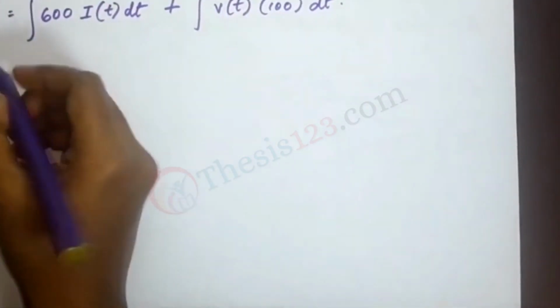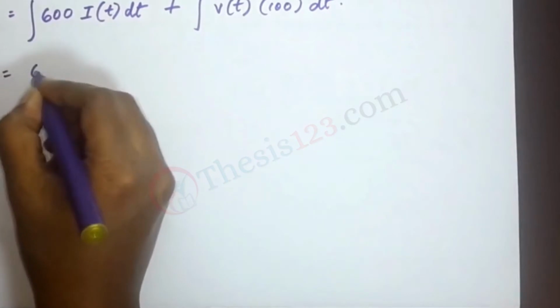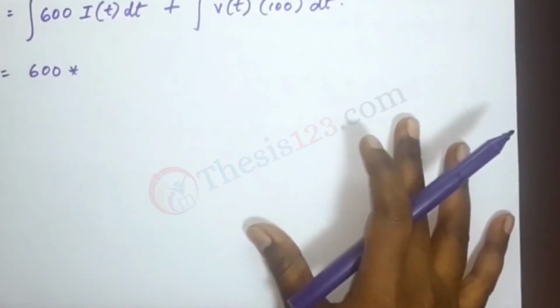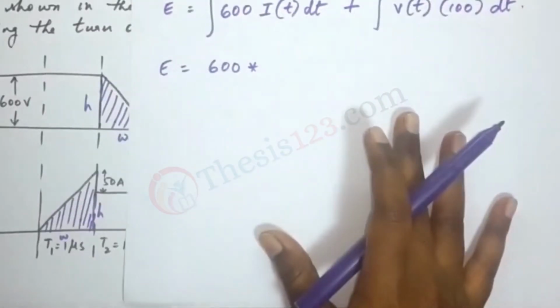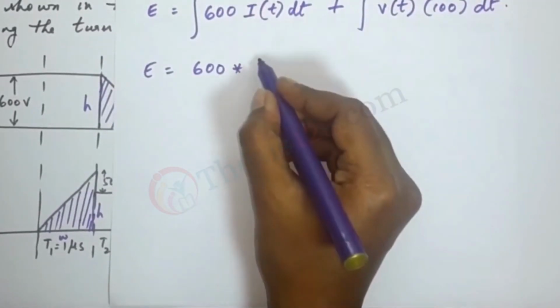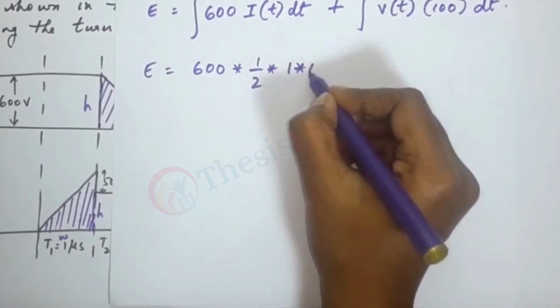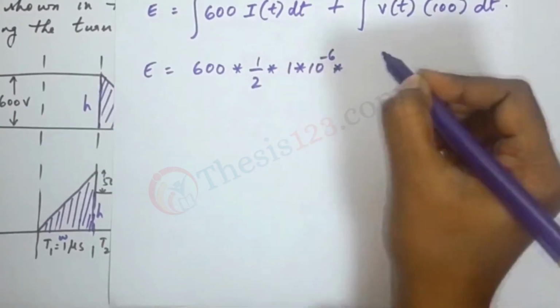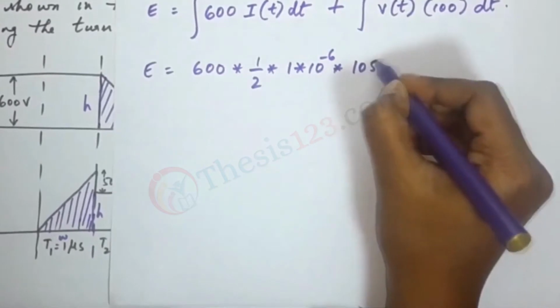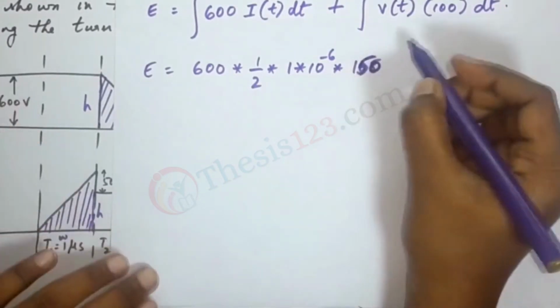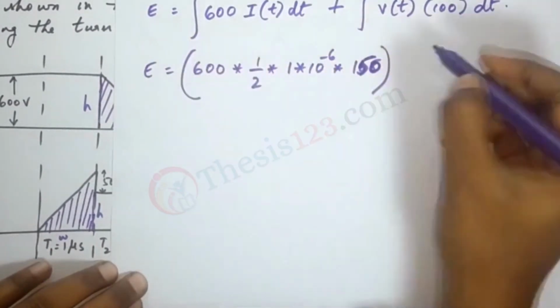Let me just put that down here. We have 600 into the current triangle: half into width 1 into 10 power minus 6 into height 150. So this is our first part.